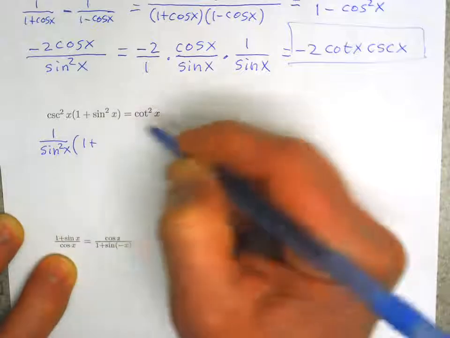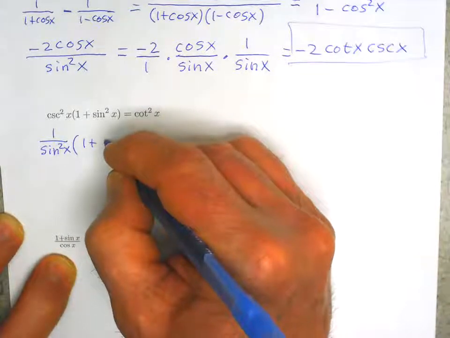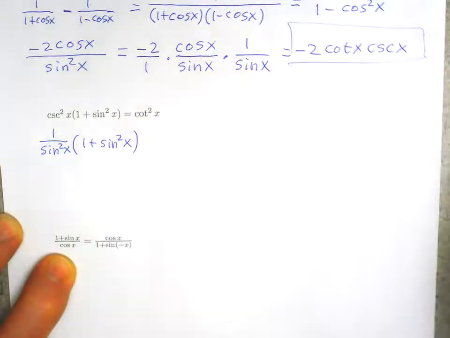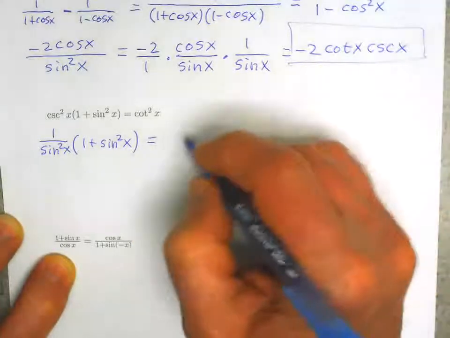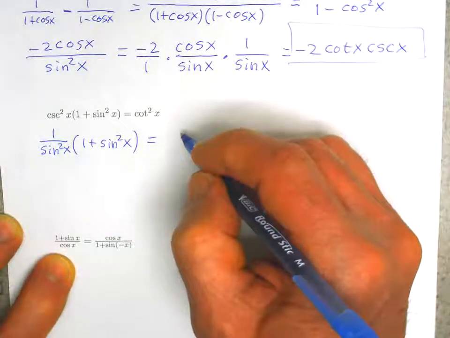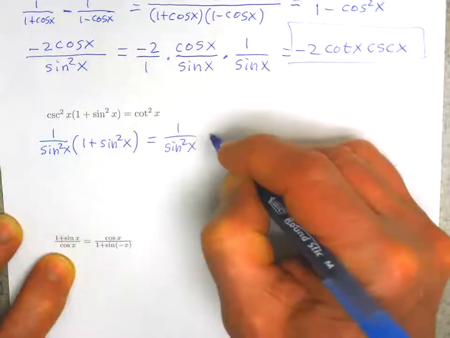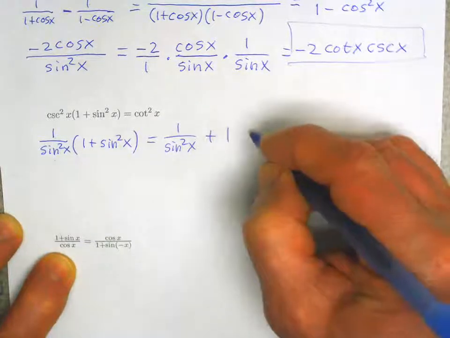And then I'll multiply that by the quantity 1 plus sine of x squared. So 1 over sine of x squared times 1 is 1 over sine of x squared. 1 over sine of x squared times sine of x squared is 1.